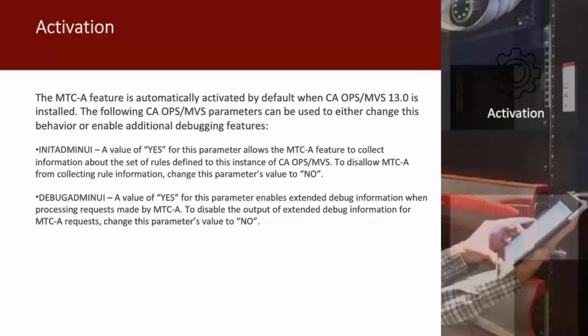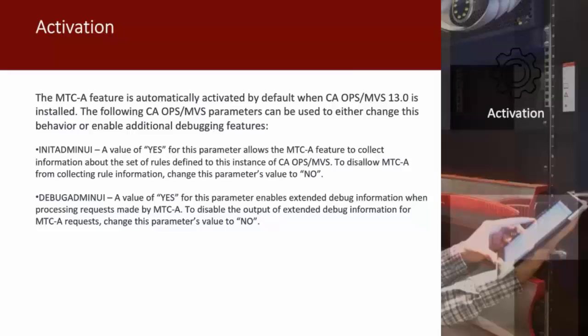The MTCA feature of Ops MVS is automatically activated by default when version 13.0 of Ops MVS is installed. The values for the following parameters can be modified to either change this behavior or enable additional trace messages useful for debugging. The Init Admin UI parameter controls whether or not the Ops MVS instance will provide rules data to the MTCA web application.